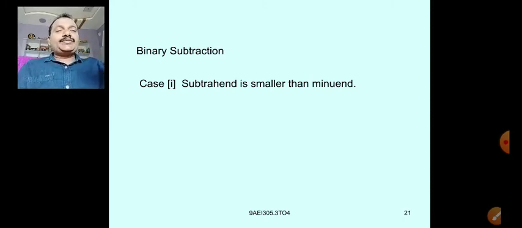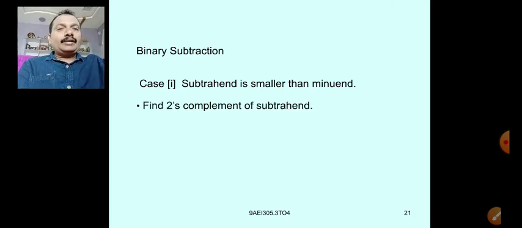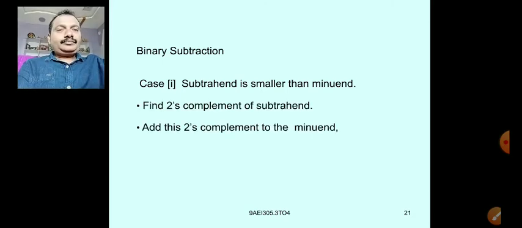So this is case 1. What you have to do is, first step, find the 2's complement of the subtrahend, add this 2's complement of the subtrahend to the minuend, then you will get the difference value, and if there is a carry generated, you neglect that carry.